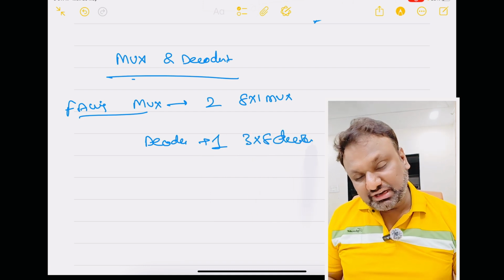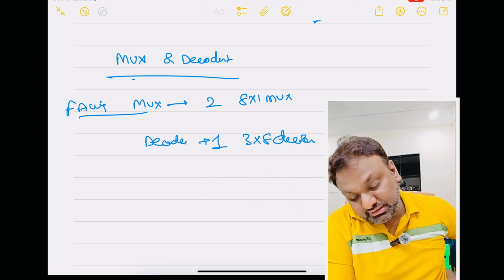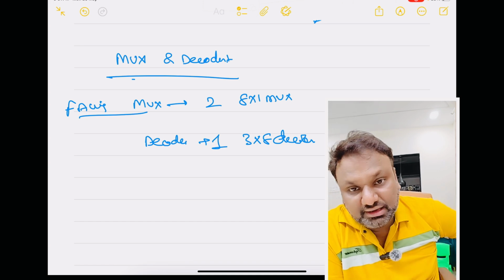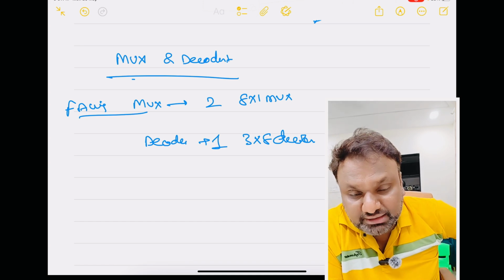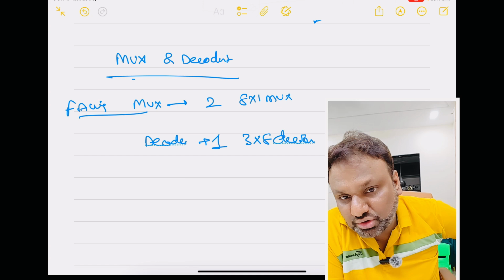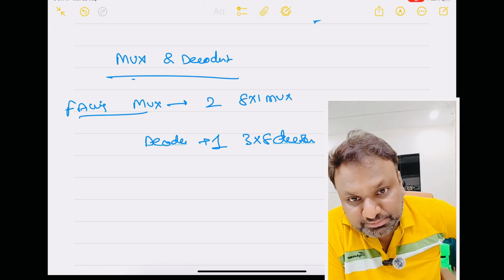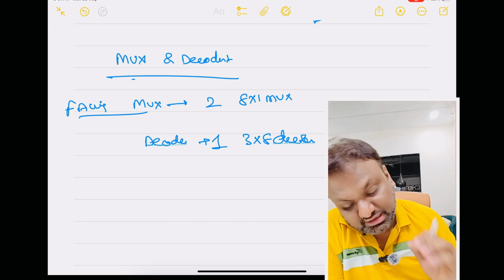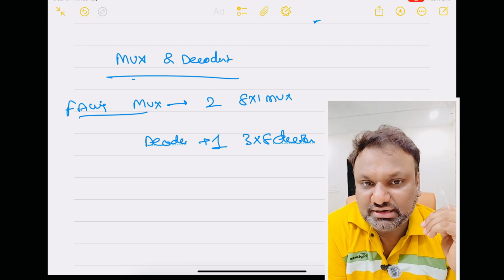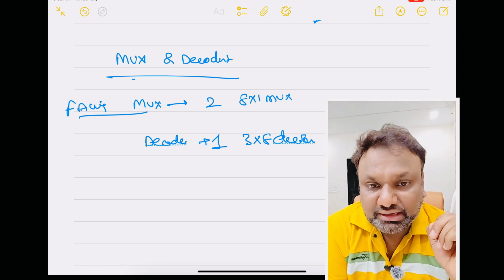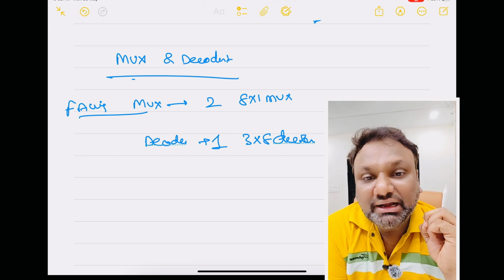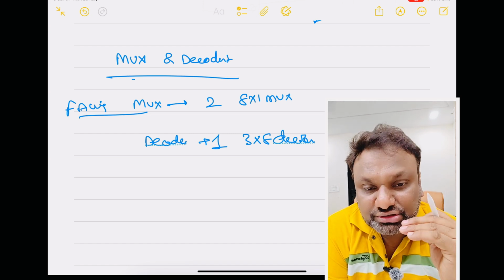So if you straight away see the implementation, 2 8x1 multiplexers means more logic gates, more cost. Here I will be implementing with a simple 3 to 8 decoder only, which is less costly. But in general multiplexer is used over decoder.